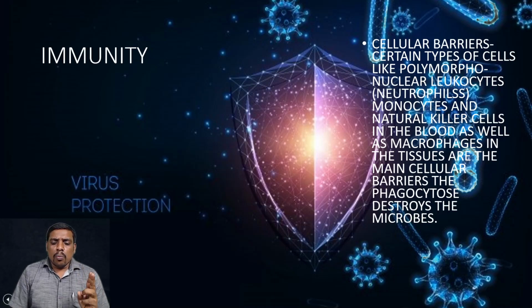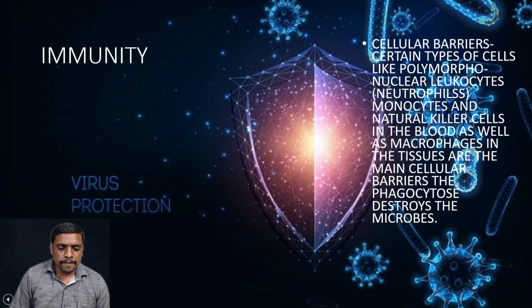Second, monocytes in the blood, as well as macrophages in the tissues, third. And fourth, natural killer cells, which can undergo phagocytosis. So these different types of cells form the cellular line of defense in our body, acting as cellular barriers in innate immunity.